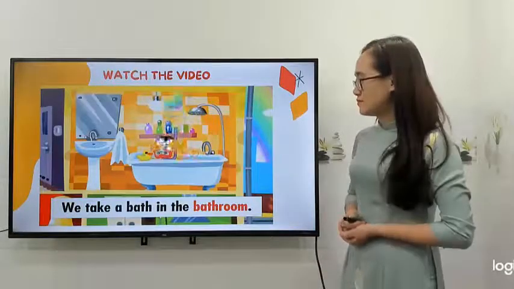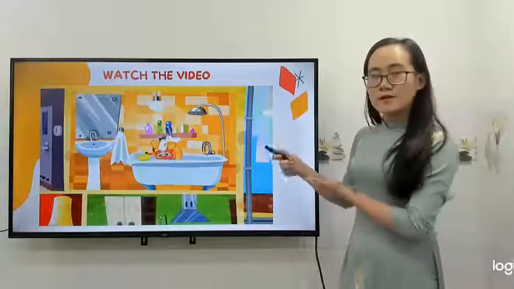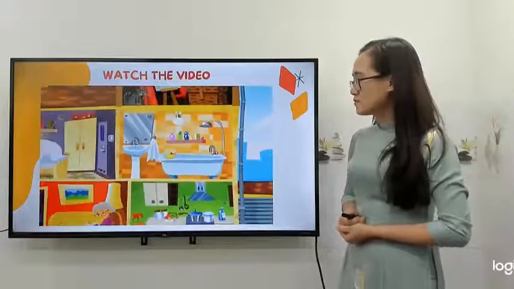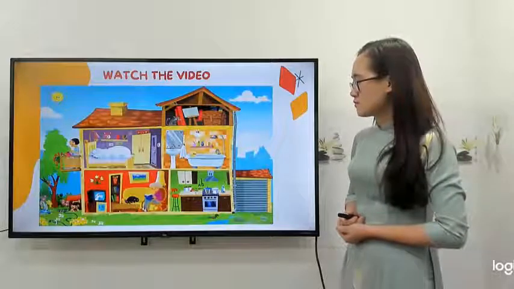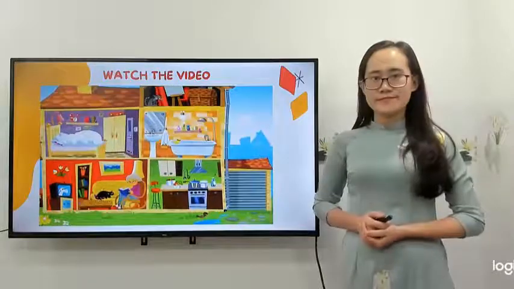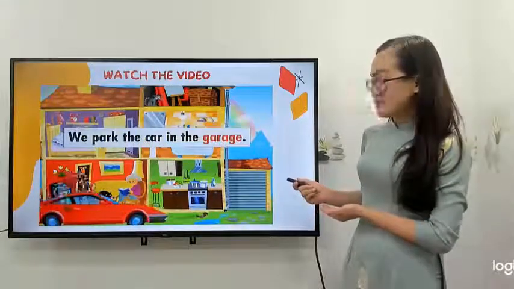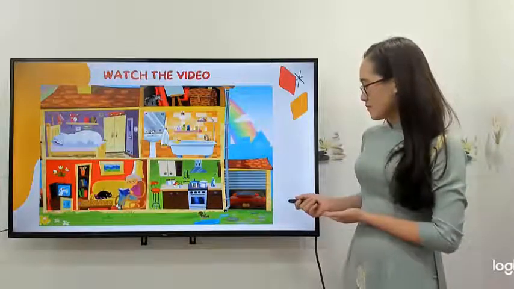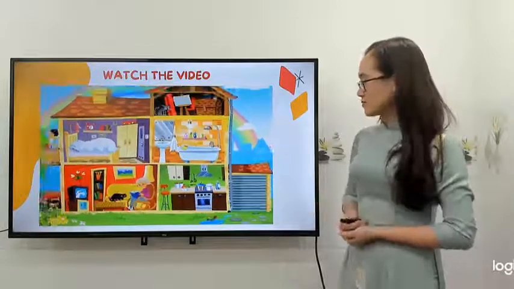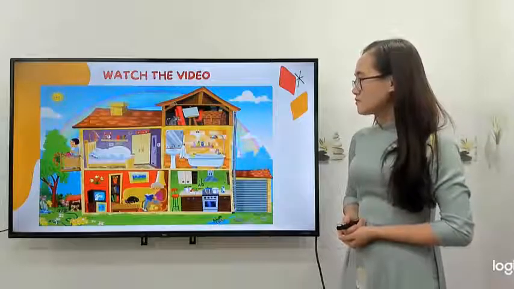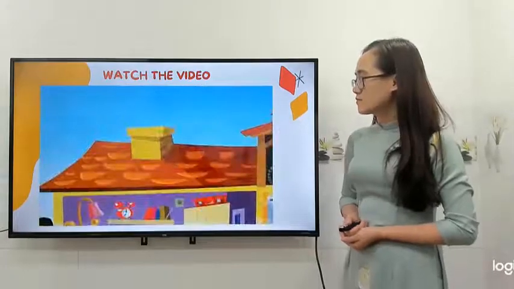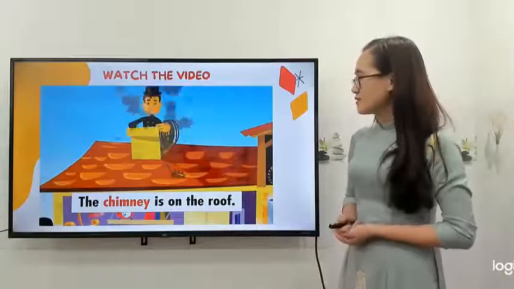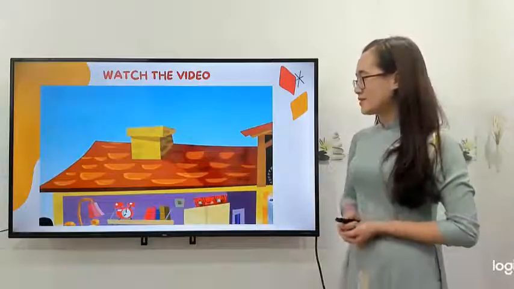Garage. What is it? We park the car in the garage. Chimney. What is it? Chimney is on the roof.